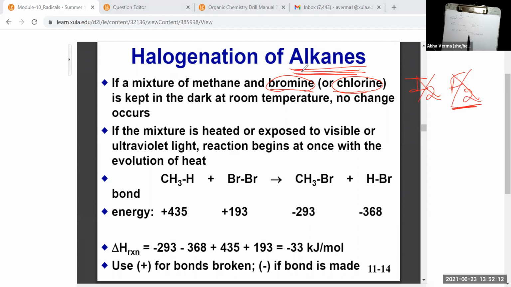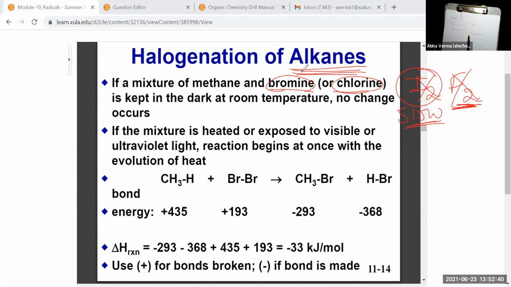Fluorine is too fast, too aggressive, too violent, and it is a plain explosion. Iodine is super slow. Sometimes it takes weeks to do an iodination of an alkane. So we usually will not use this. When you do your synthetic strategies, we will only be looking at bromine or chlorine.